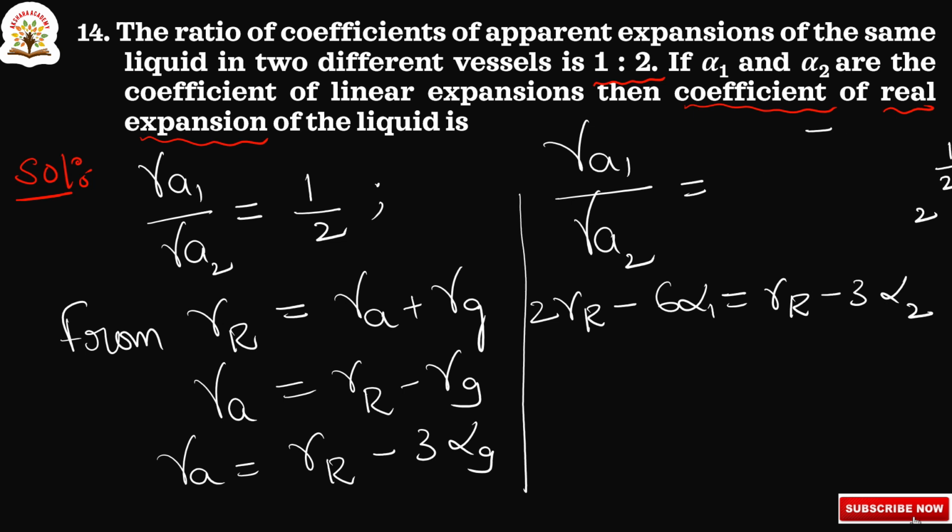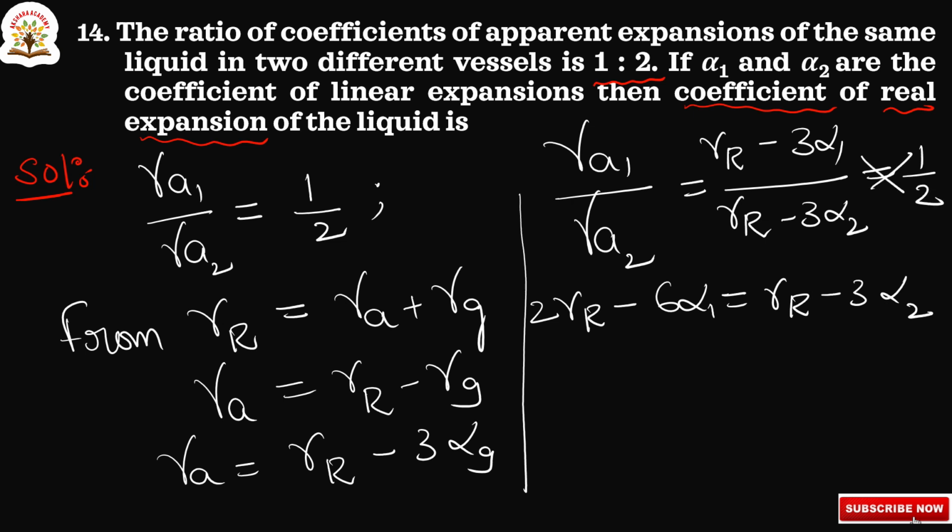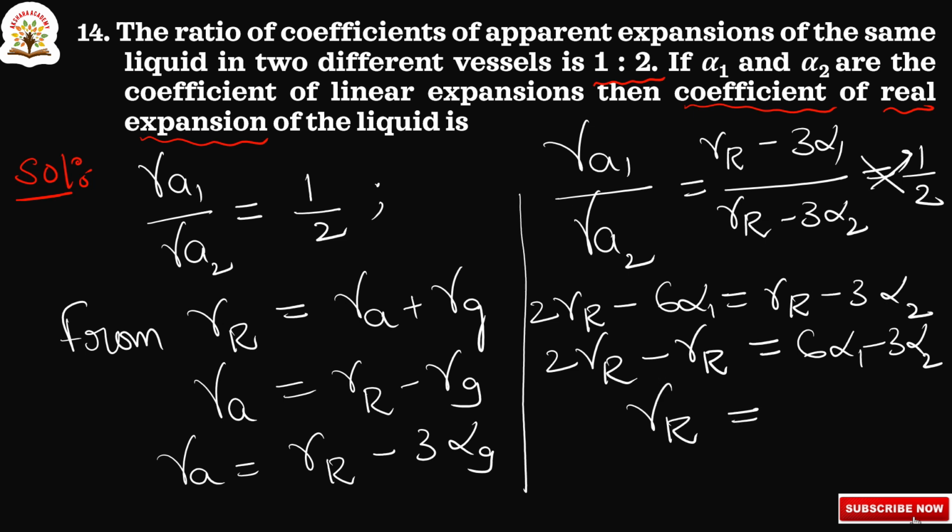Here gamma A1 by gamma A2 is gamma R minus 3 alpha 1 by gamma R minus 3 alpha 2, equals to 1/2. Now taking cross multiplication, 2 gamma R, this gamma R going this side, plus becomes minus, so that is equals to 6 alpha 1 minus 3 alpha 2. 2 gamma R minus gamma R, gamma R. Gamma R is equals to 6 alpha 1 minus 3 alpha 2.